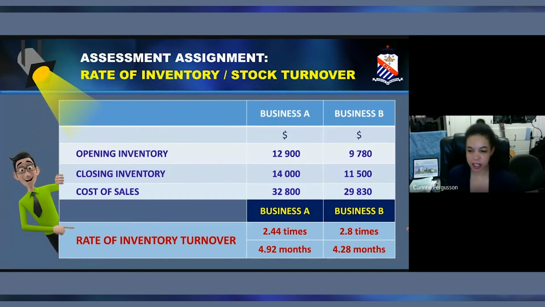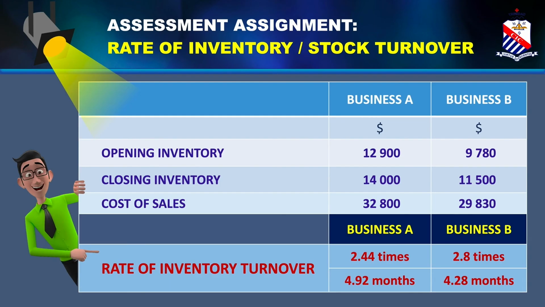Now, because the figures are so close, how do you know which one is doing better in terms of how quickly they're selling their stock? So to make it easier in terms of comparison, since the figures are so close, I decided to round it off just a little bit more.